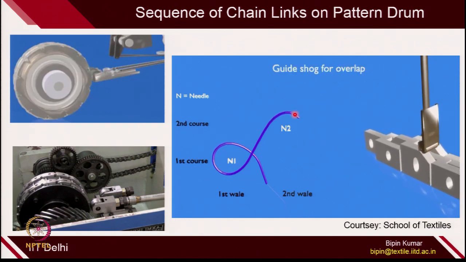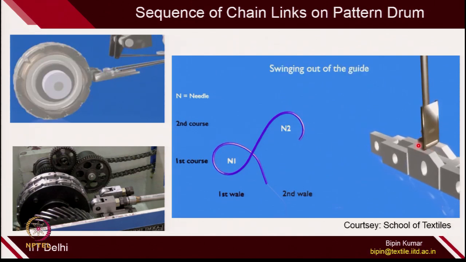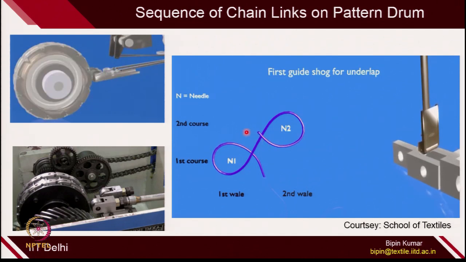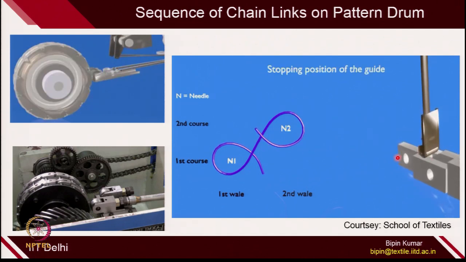So, this is rising, that is why it is doing overlap, then it is stopping, then it is doing underlap because it is coming to the left direction, and this is how you are creating 1 cross 1 tricot. So, depending on elevation and depression, you are allowing the guide bar to do the overlap or underlap in a particular direction on the machine.